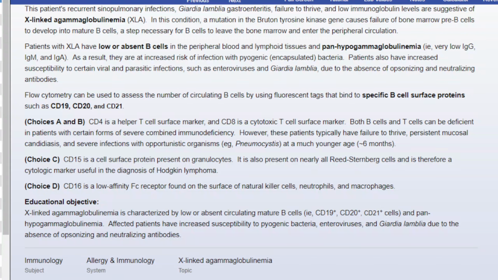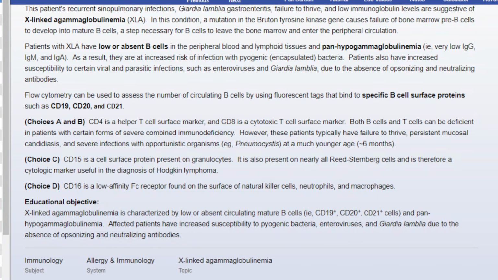Remember, CD19, CD20, and CD21 are the surface proteins for B cells. We have to remember this. Every time the USMLE asks you about B cells, remember the surface proteins are CD19, CD20, and CD21.